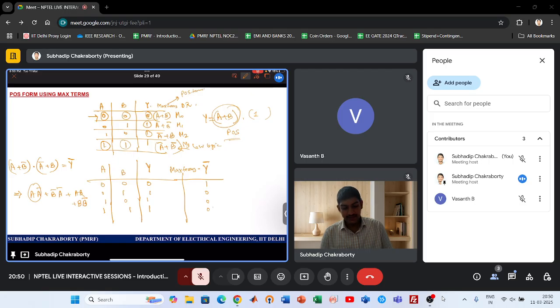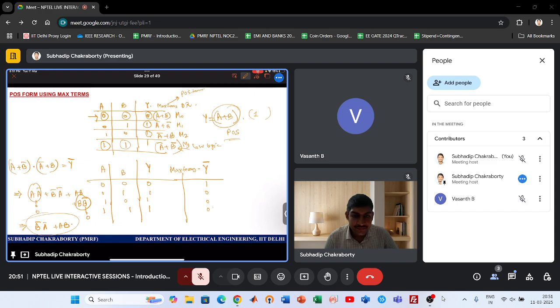A bar a and b bar b are 0, because a will happen and a will not happen. Both happening is an event that is 0. It can never happen that a is happening and a is not happening. So 0. And then you see you are getting b bar a bar plus ab. That is nothing but the complement of the actual function, because you took the high terms instead of the low terms.